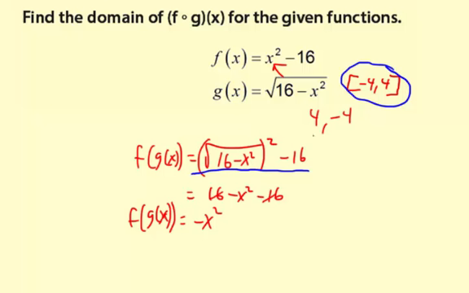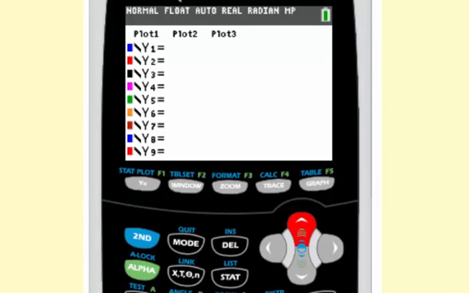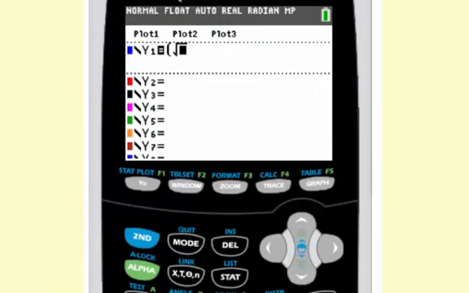Okay, so if you were to graph this in its original form, let me show you what that looks like. Okay, so it's going to be open parentheses, square root of 16 minus x squared, and then right arrow to get out of the square root, close parentheses, and that's going to be squared, minus 16.